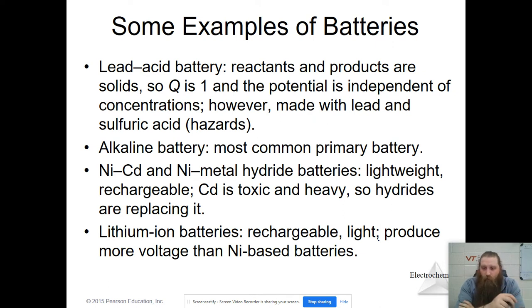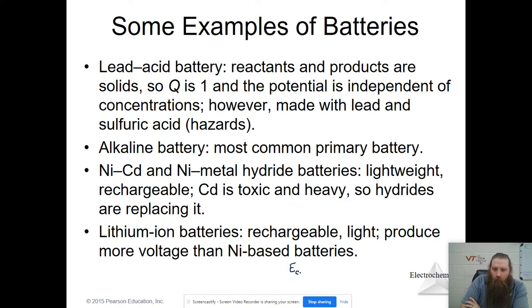Since lithium is really light, you can get a lot more lithium into a battery of the same weight as a nickel-based battery, and that lithium is going to produce a greater amount of energy, so the energy density is higher. We usually see lithium-ion batteries in things like laptops and cell phones.